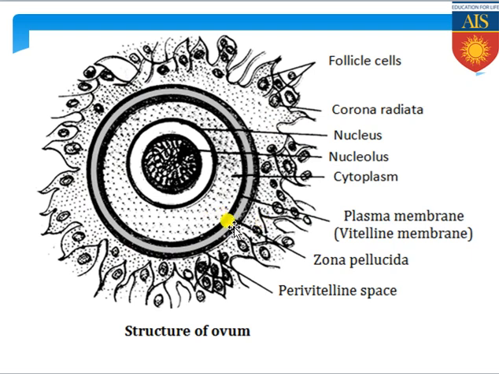In between the zona pellucida and vitelline membrane there is a space known as the perivitelline space. If you enter within the ovum, there is a cytoplasmic portion known as the ooplasm, and also the ovum nucleus as well as the nucleolus. So this is the overall structure of the ovum that I discussed in the previous slide.